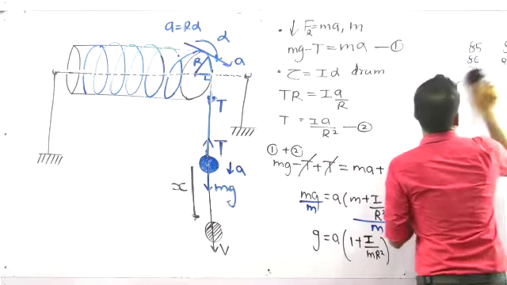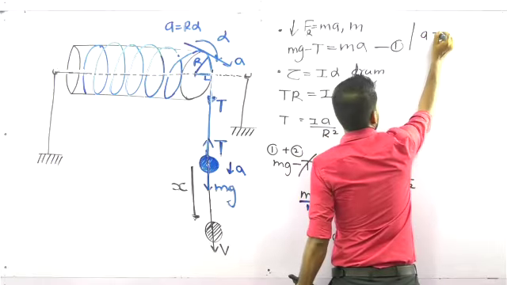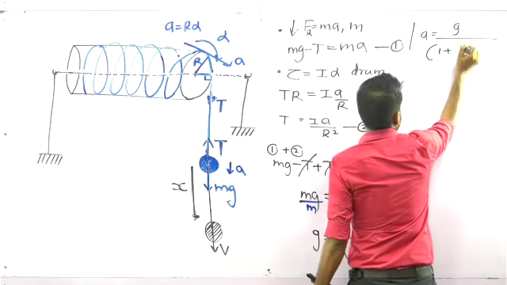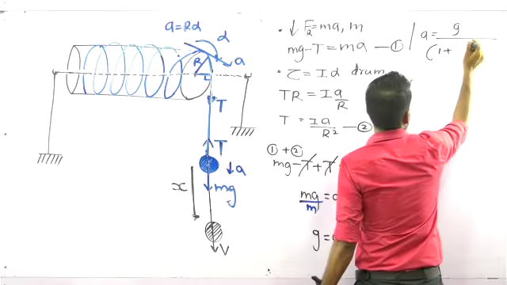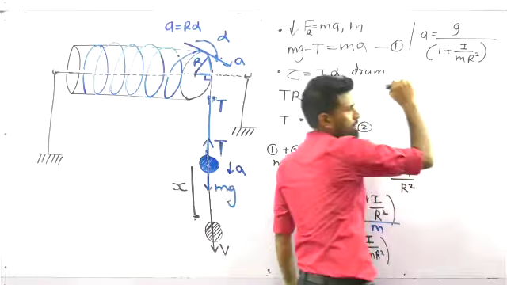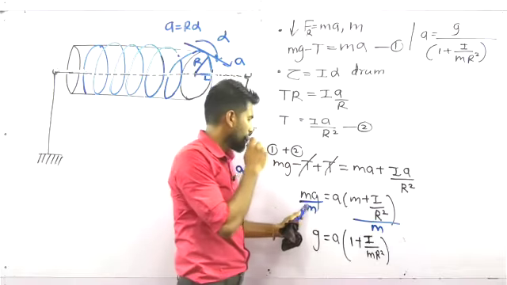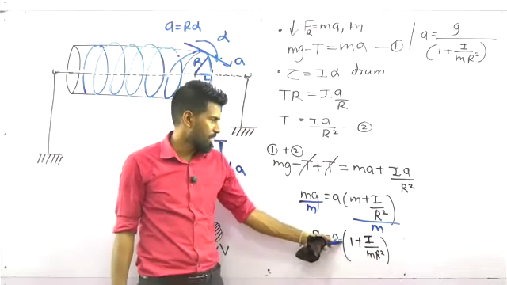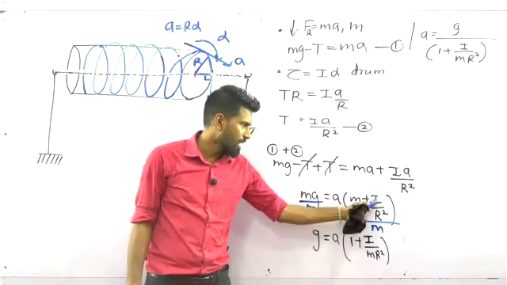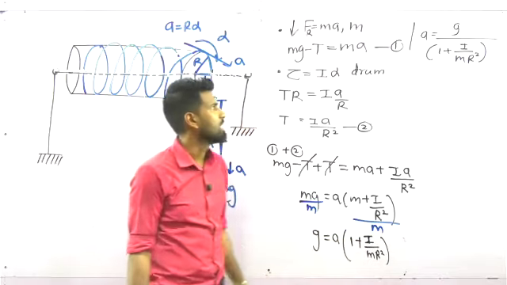So the acceleration is equal to g over 1 plus I over m r square.